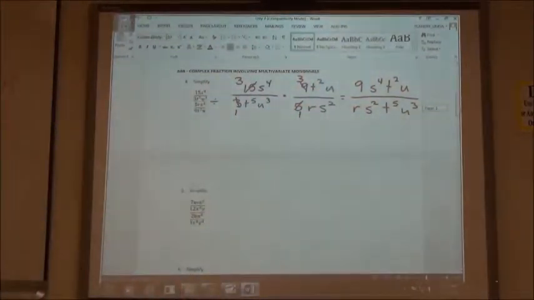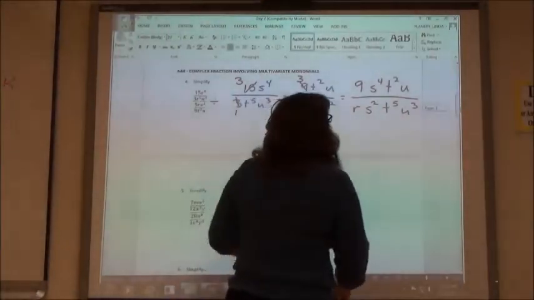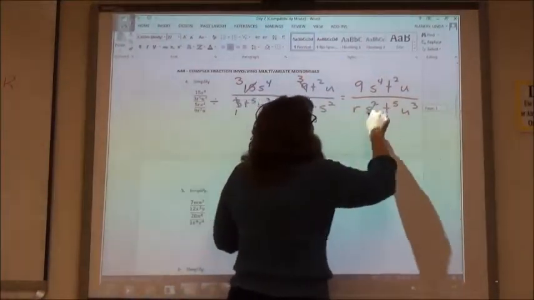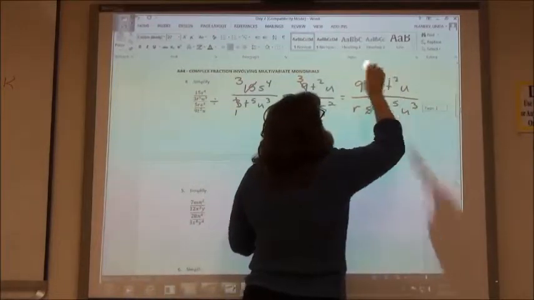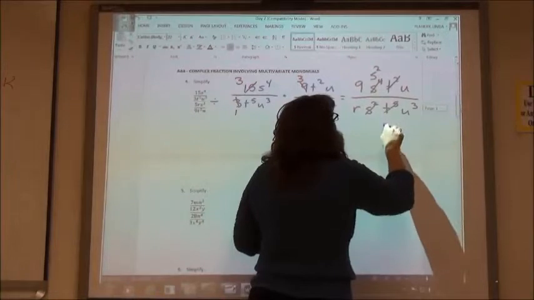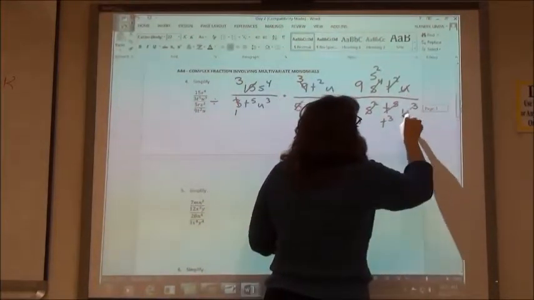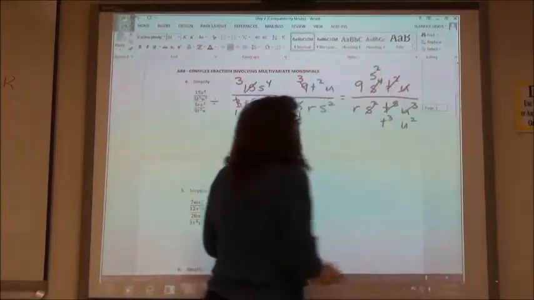Because then I'm going to do some canceling, right? So I can take out 2 of my s's, which means I'm going to have an s to the second on top. I can take out 2 of my t's, which leaves me a t to the third on the bottom. And I can take out 1 of my u's, which leaves me a u to the second on the bottom.